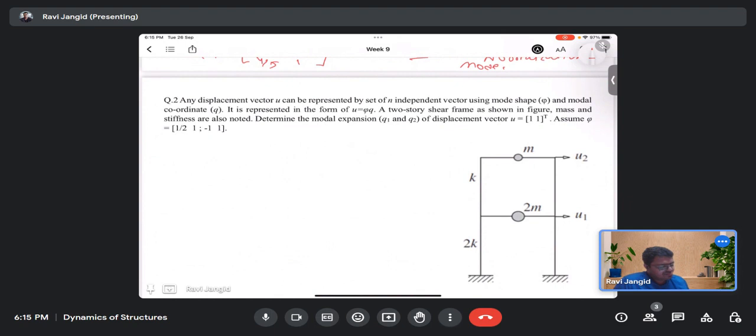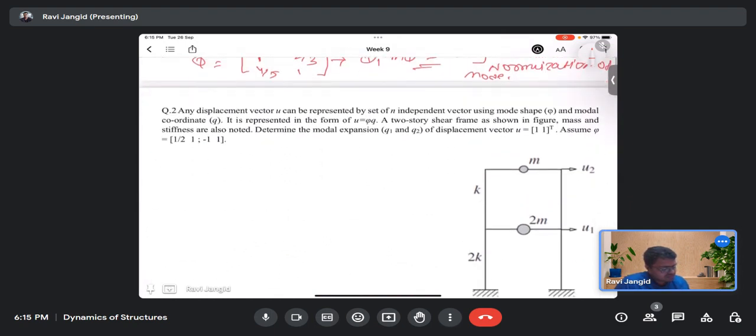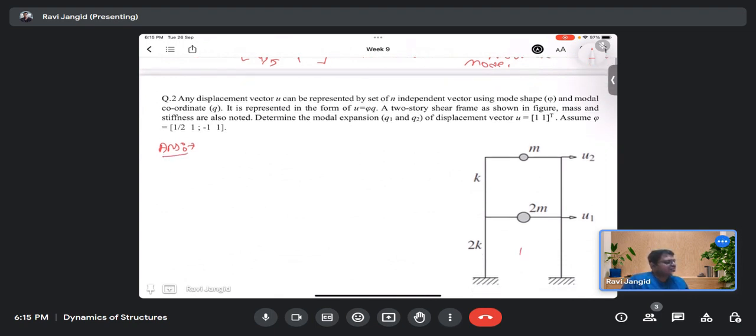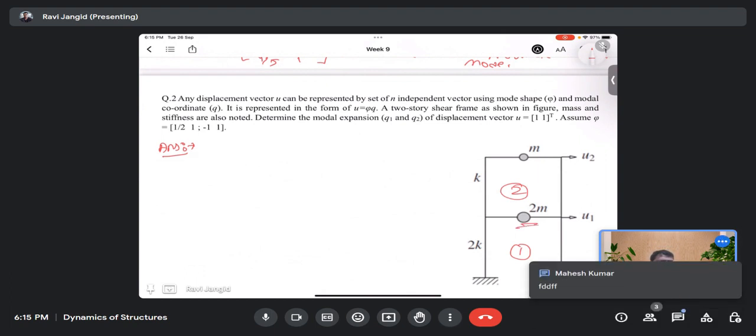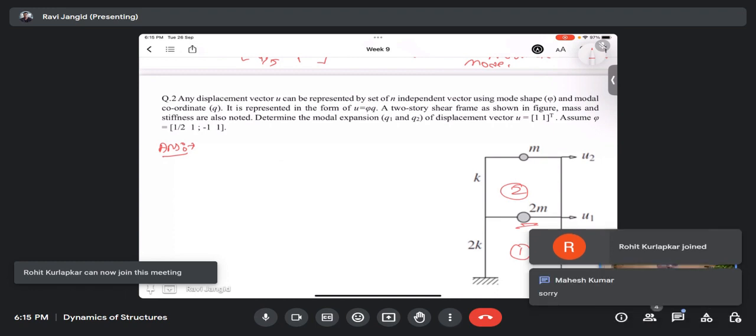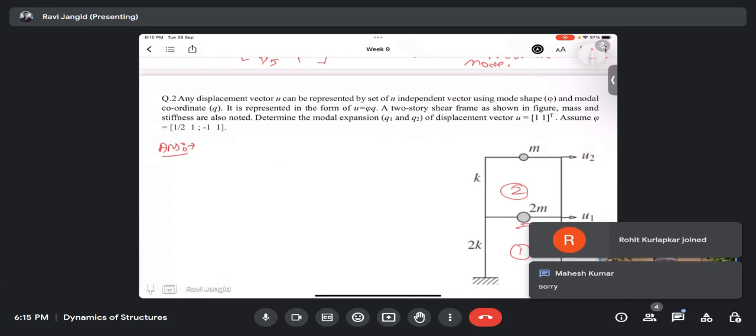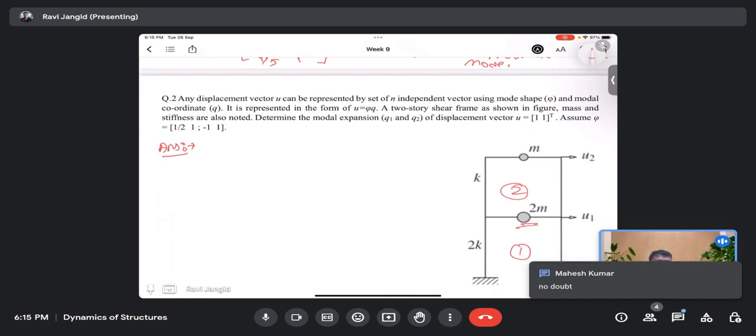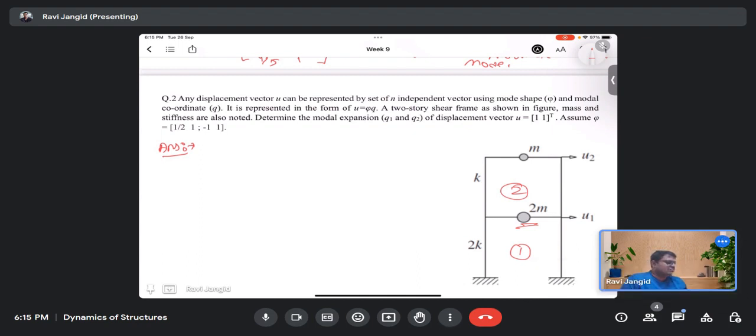In the next question, we have given a two-story system, one and two, with lumped masses 2m and m.